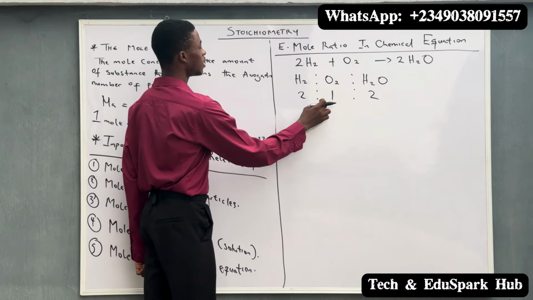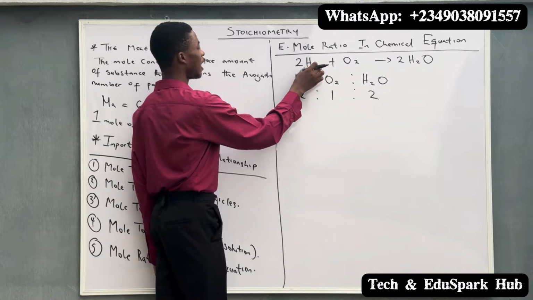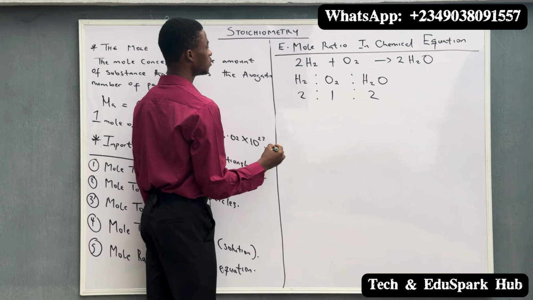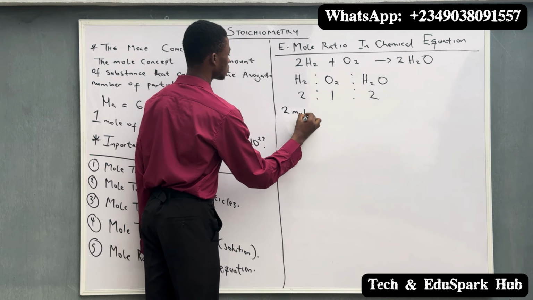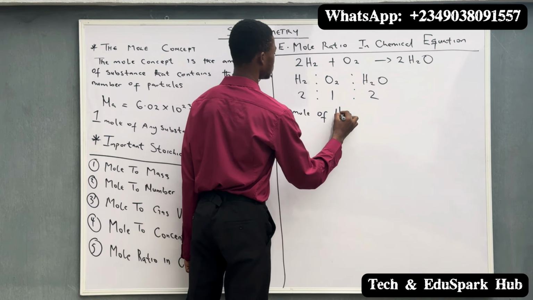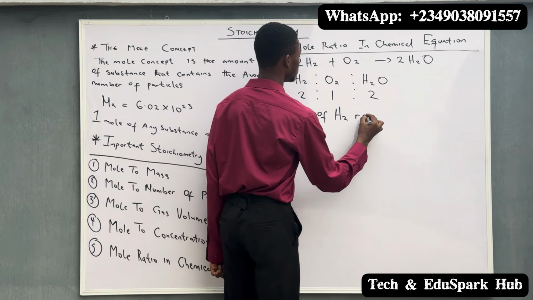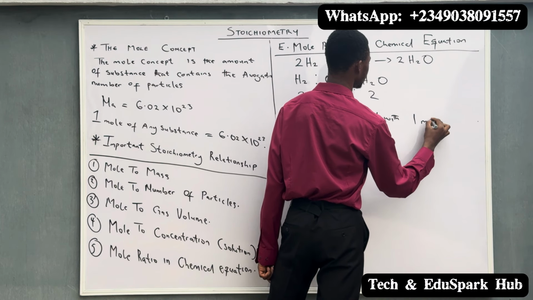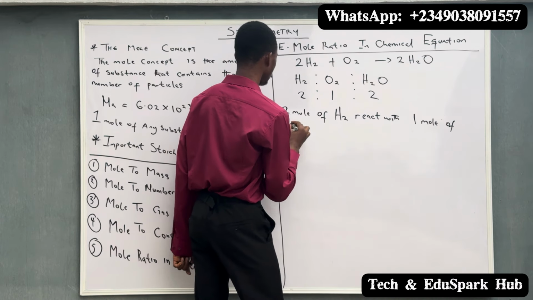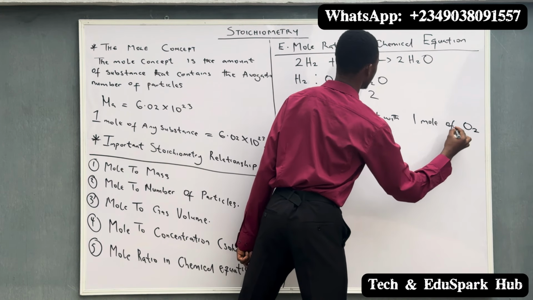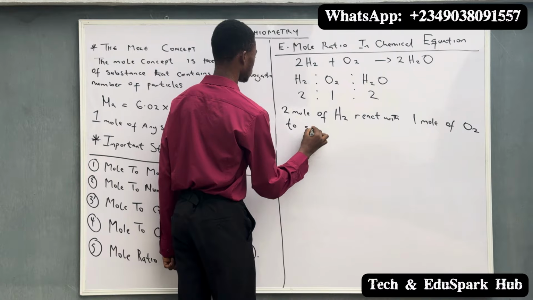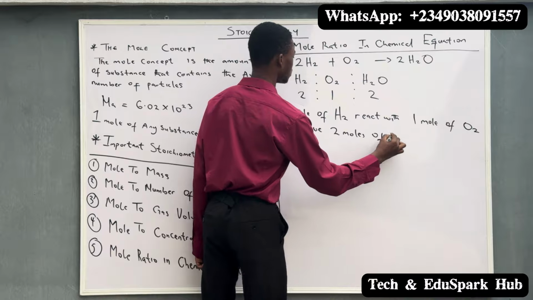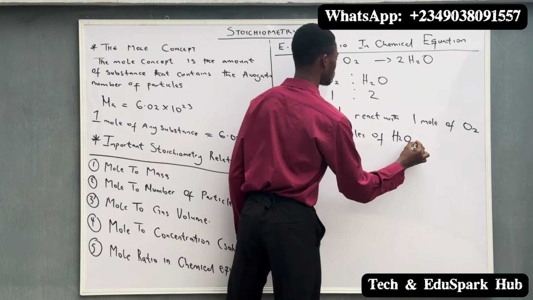So how do we get 2 : 1 : 2? You can see we have 2 moles of hydrogen with 1 mole of O2 to give 2 moles of H2O. So we can say 2 moles of hydrogen, which is H2, react with 1 mole of oxygen gas, which is O2, to give 2 moles of H2O.